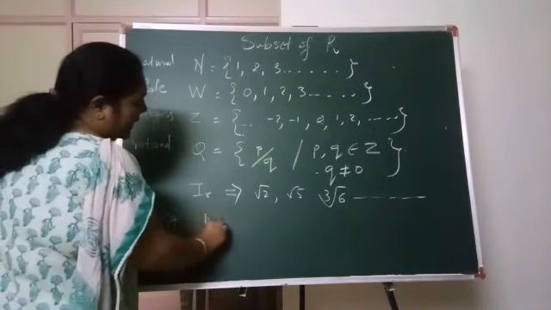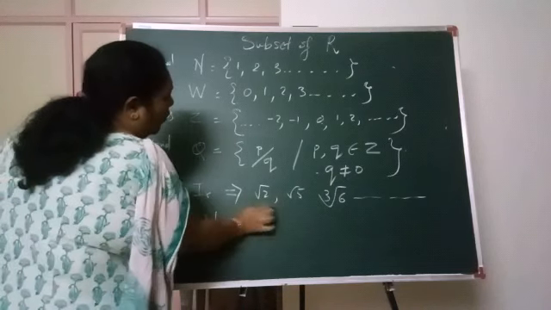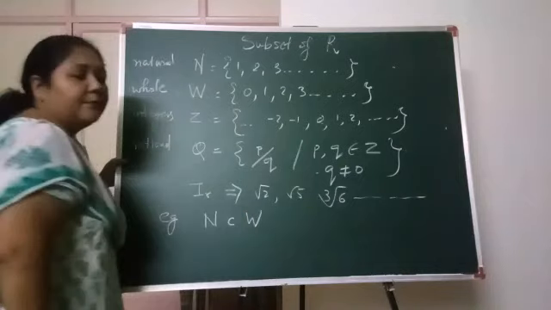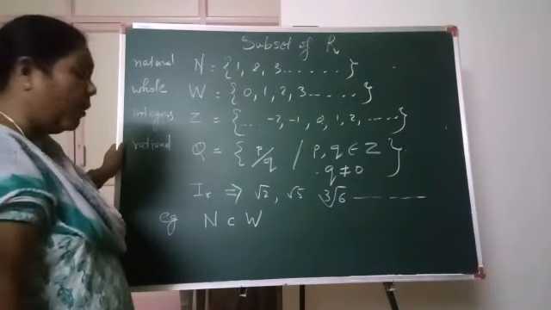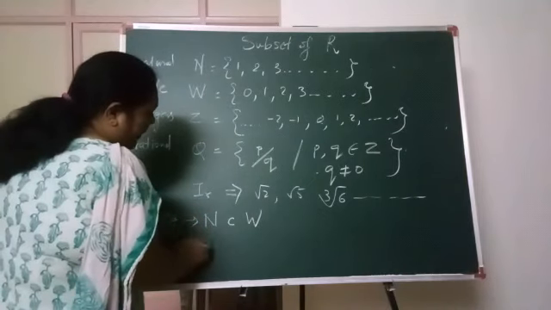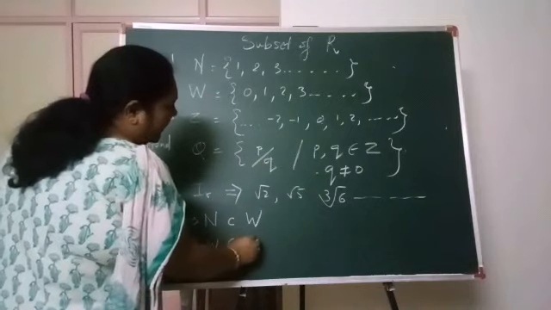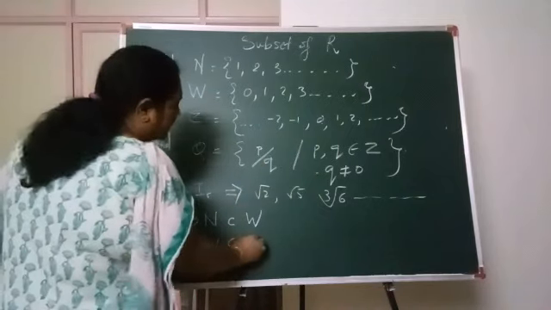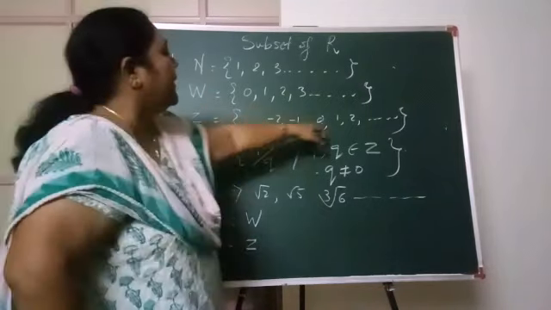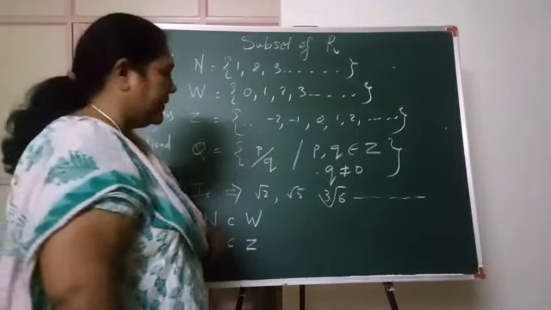I can say natural numbers is a subset of whole numbers. Then another example, I can say whole numbers is a subset of integers. All of 0, 1, 2, 3 are present over here. So therefore it is a subset of this set.